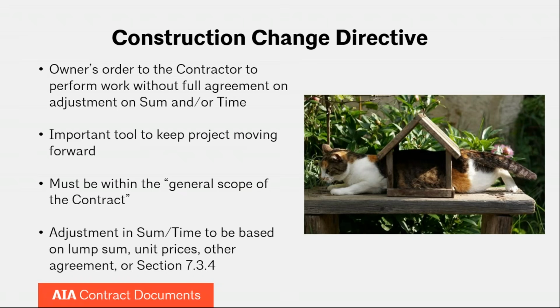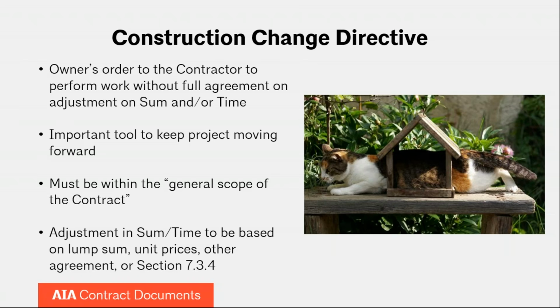And this is essentially an owner's order to the contractor to perform work without full agreement on the adjustment of time or the contract sum. And while it might seem a little bit unfair to the contractor that they have not agreed to the adjustment in the price or the time, it is really an important tool to keep a project moving forward.